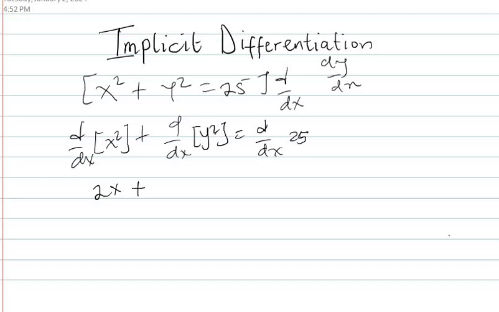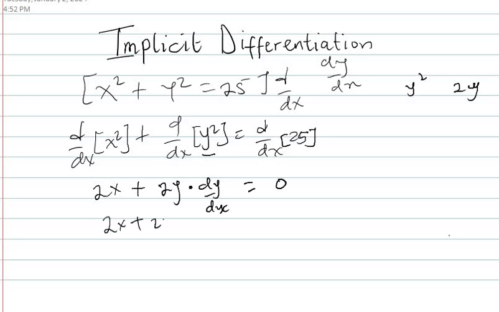We cannot differentiate y squared with respect to x as a plain function of x, so we differentiate y squared as normal, which gives 2y, and then we add its derivative, dy by dx. And this is equal to the derivative of the constant term, which, remember, is 0.